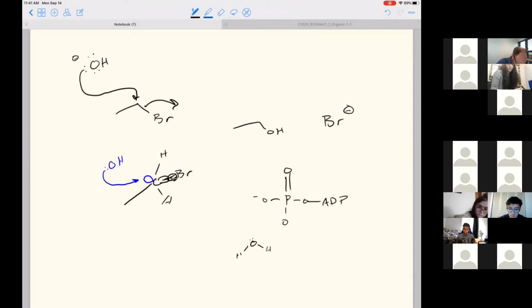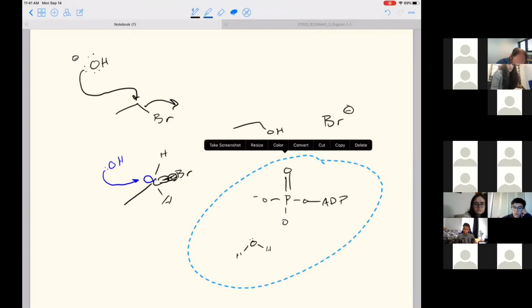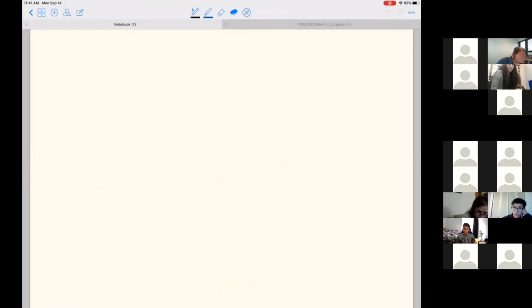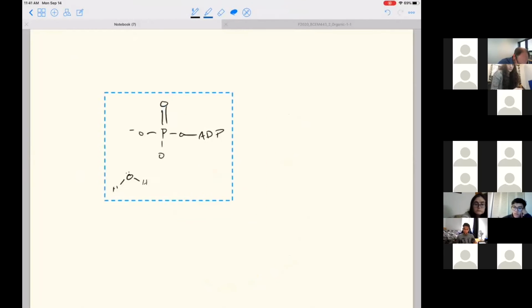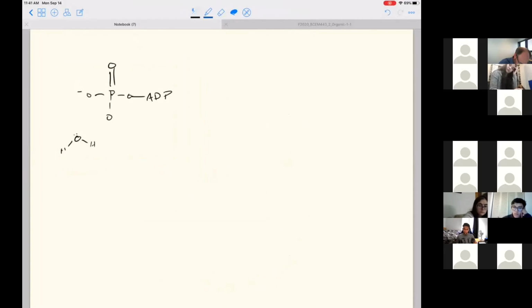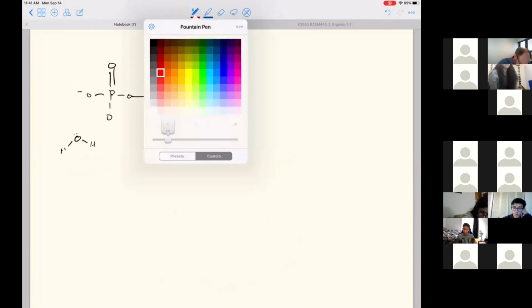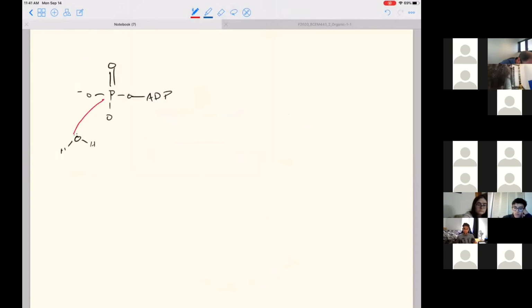Let me actually copy this onto a new page here. So in this particular example, the electrons are adding to here. Now, you can simplify this to show this in one step of the phosphate leaving, but of the ADP leaving.